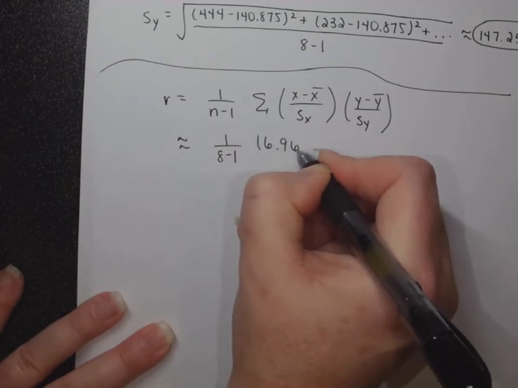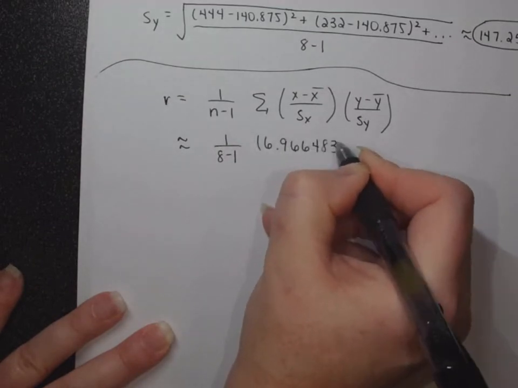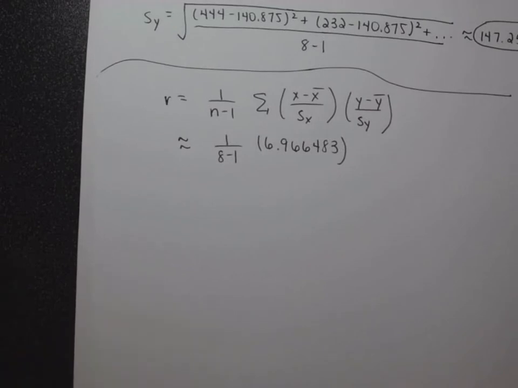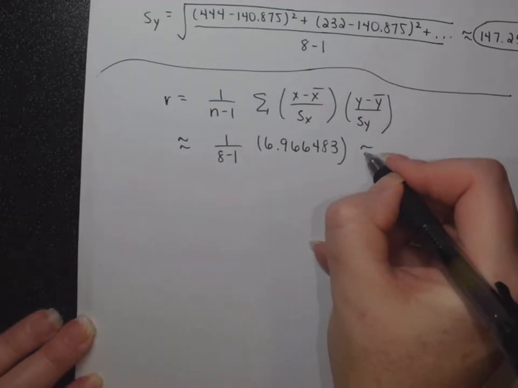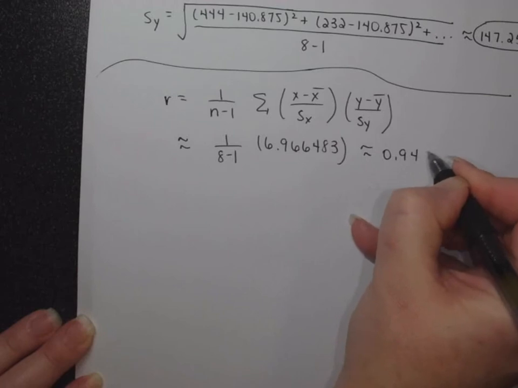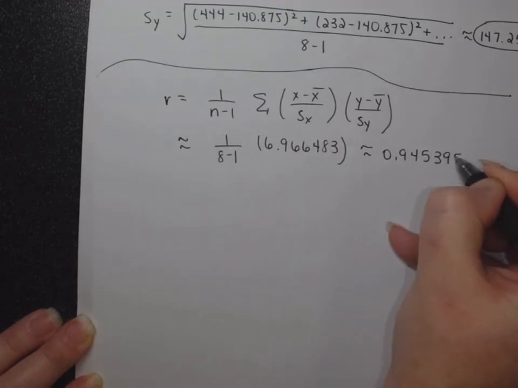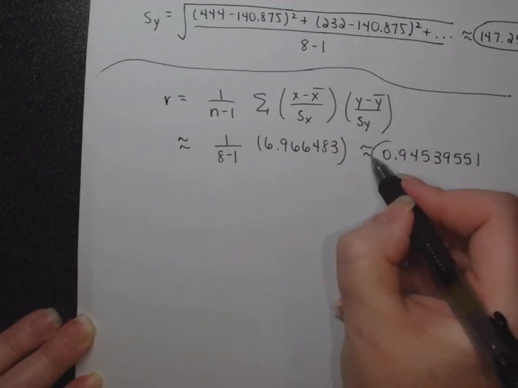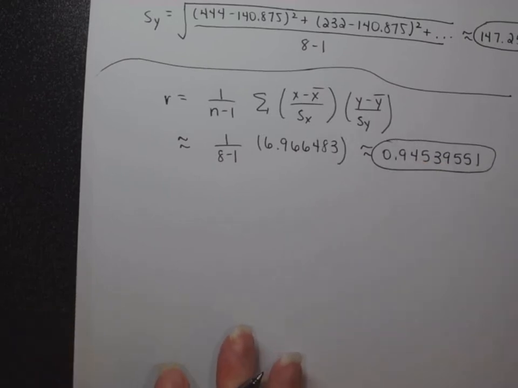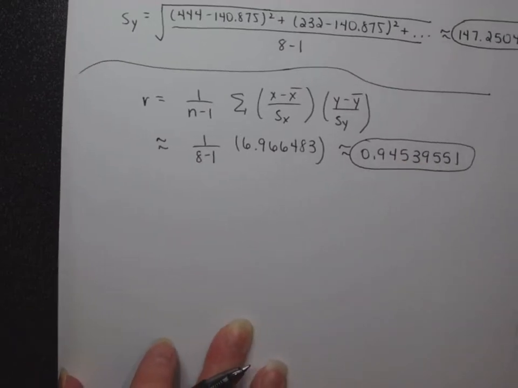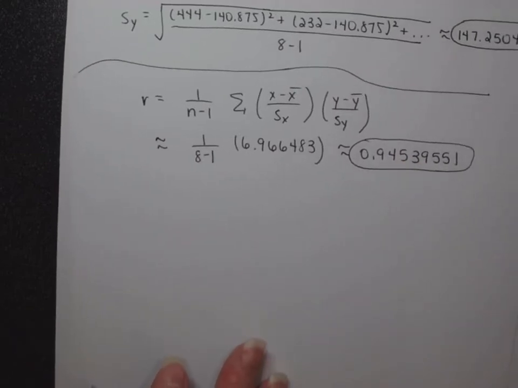If you worked it out, and I hope you did, the sum you should have gotten is that, which means the correlation coefficient is actually quite high. So it's even higher than some of the other ones we've been doing. So the closer it is to 1 or negative 1, remember, the stronger that correlation is. The closer you get to 0, it means it's very weak. It means they're probably not related at all.